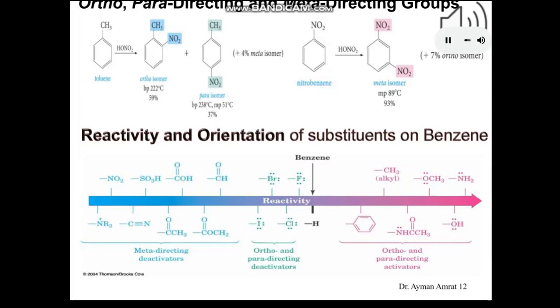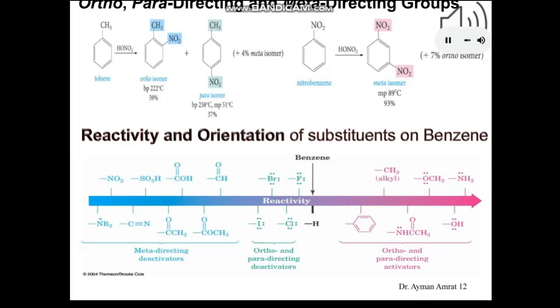Deactivators are less reactive toward electrophilic substitution reaction than benzene, while activators are more reactive than benzene. This is the first difference between substituents.